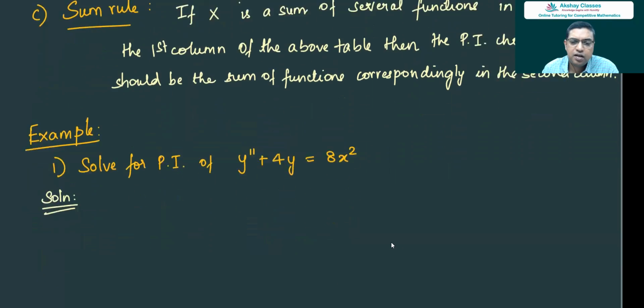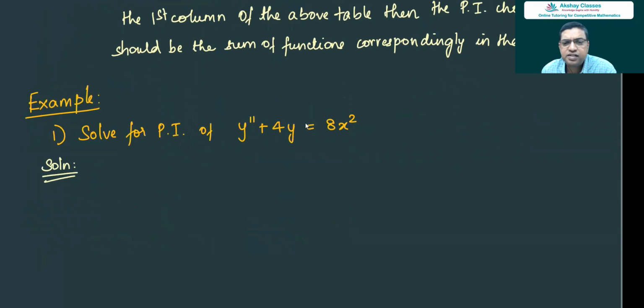So now look at this. This is d square plus 4 times y. So plus 2i and minus 2i are the roots, the solution of the auxiliary equation. And then to find PI, we know how to do this.